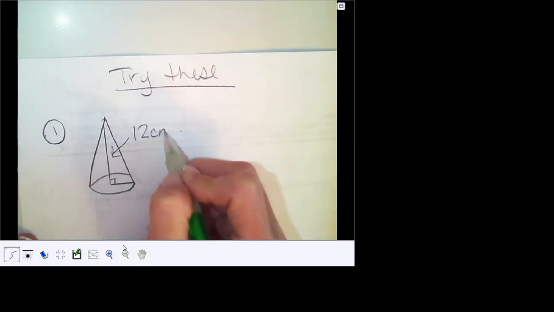Okay, number 1. I'll make sure it's very visible for you. Oops, sorry, went overboard there. That's 12 centimeters, and that is 3 centimeters.